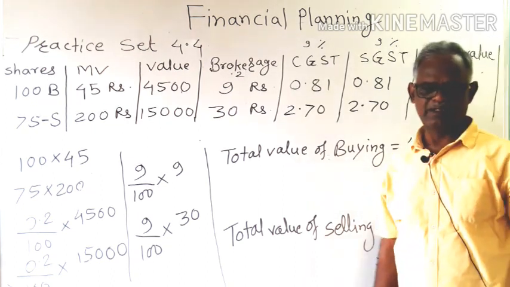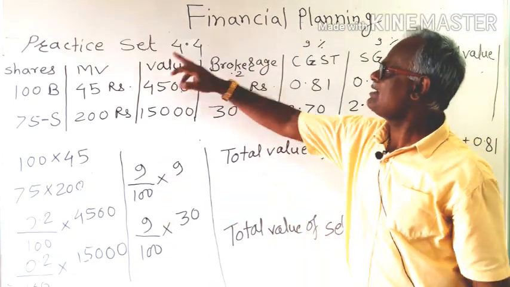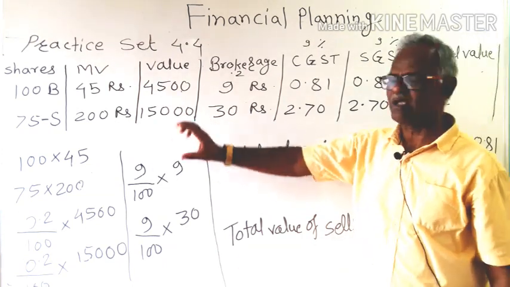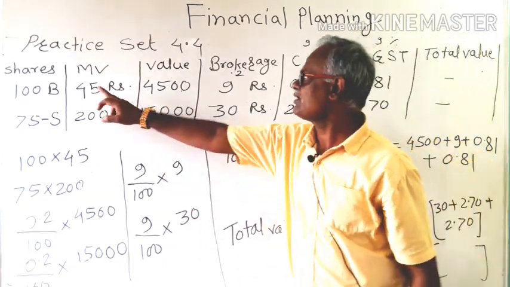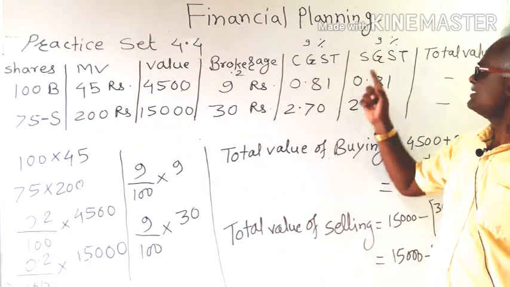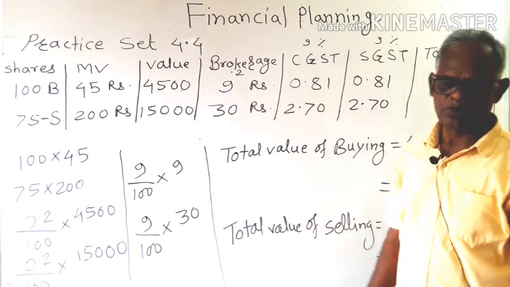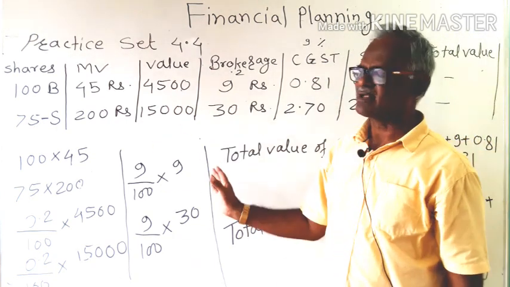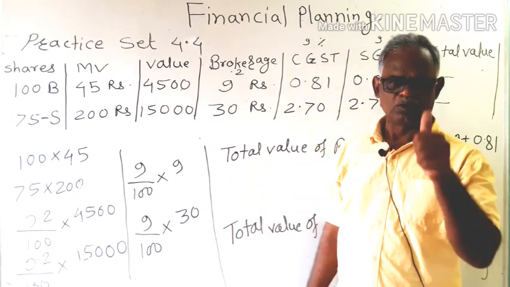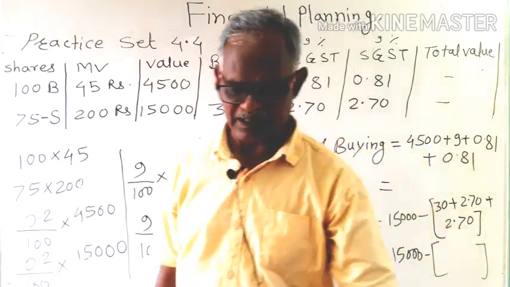So in this way we have studied the financial planning problem, Practice Set 4.4. First problem, a very important problem, because here you study how to calculate this value, how to calculate brokerage, how to calculate CGST, SGST, and how to calculate total value. So you can get certain marks in SSC on this example itself. Good luck, goodbye, and try other examples of this exercise.